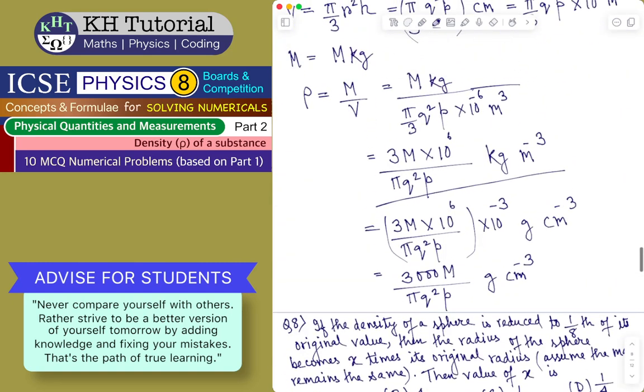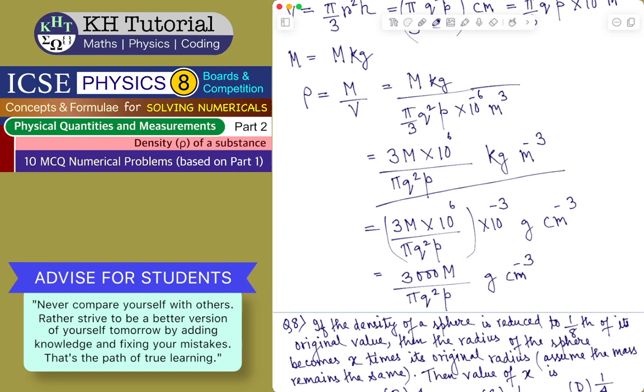In the next video, part 3, I will not solve the next 10 problems on this topic of density of a substance. Rather, I will start discussing a new topic, which I guess is the measurement of density of liquids and solids using various devices like measuring cylinder, Eureka can, those concepts.